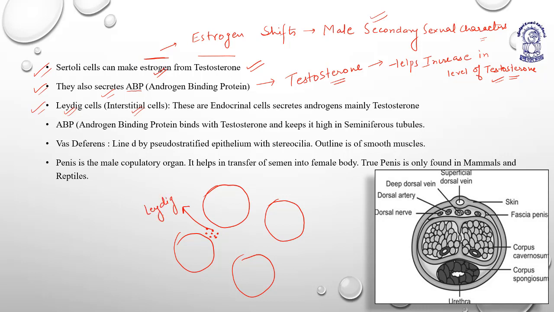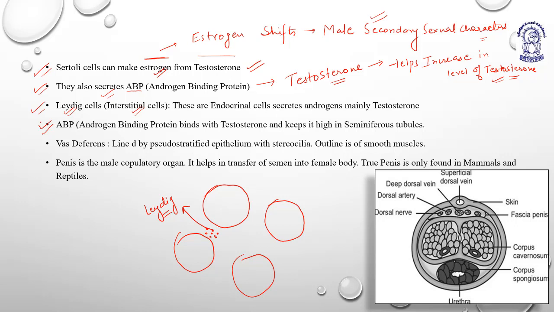Leydig cells are endocrinal in function, and they help to produce testosterone. Androgen binding protein helps to bind with testosterone. This point I have already explained to you.